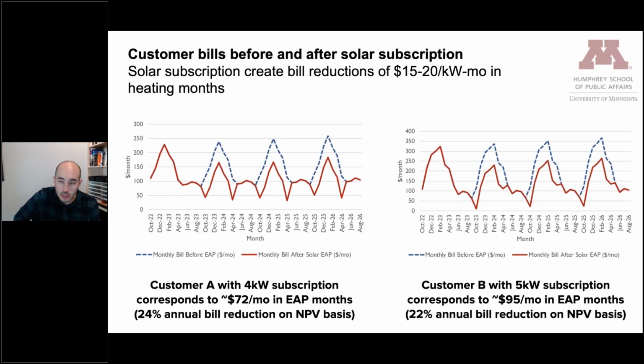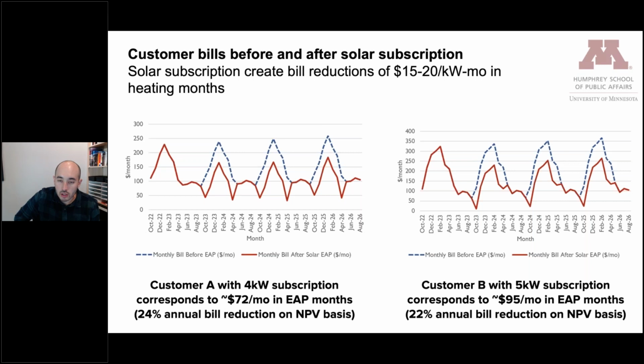Overall, though, I think the key takeaway is, the way we have structured this and the way Detroit Lake's rates work out and the estimated solar production, our calculation is that this program could create about $15 to $20 per kilowatt per month in the heating season, structured this way.